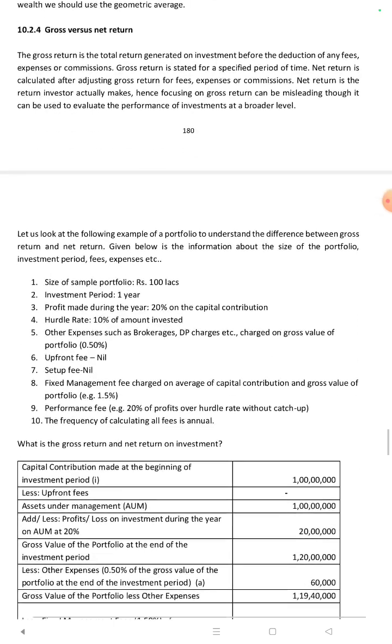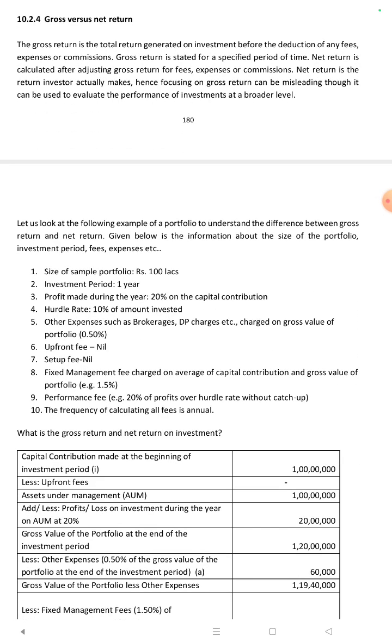Gross versus net return. The gross return is the total return generated on investment before the deduction of any fees, expenses or commission. Gross return is stated for a specified period of time. Net return is calculated after adjusting gross return for fees, expenses or commission.